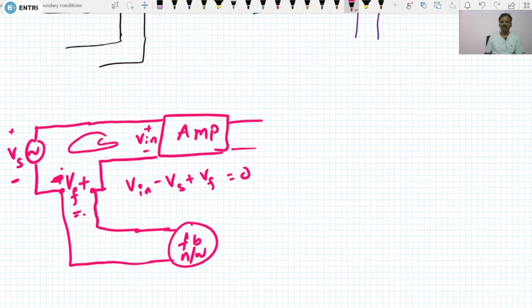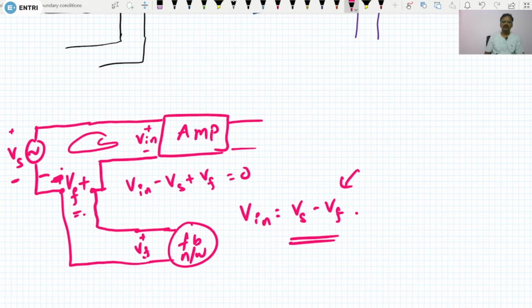Then you get Vin equals Vs minus Vf. So you are mixing the feedback voltage at the input. Whenever you are mixing the voltage, the connection is nothing but series connection. So in order to mix the voltage, you have to connect in series.